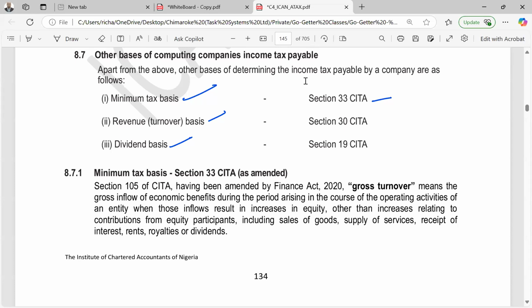All of these things will add up to your turnover.